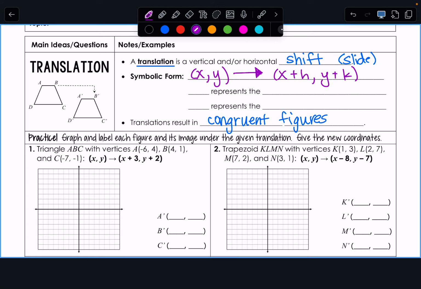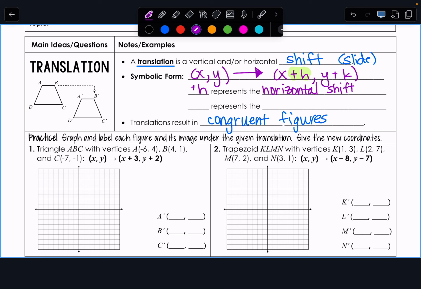Whatever number is with X, when we plot an XY coordinate, what direction do we go if it's X? Left and right, okay? So whatever this H is, that is telling us, if we want to be professional, the horizontal shift.